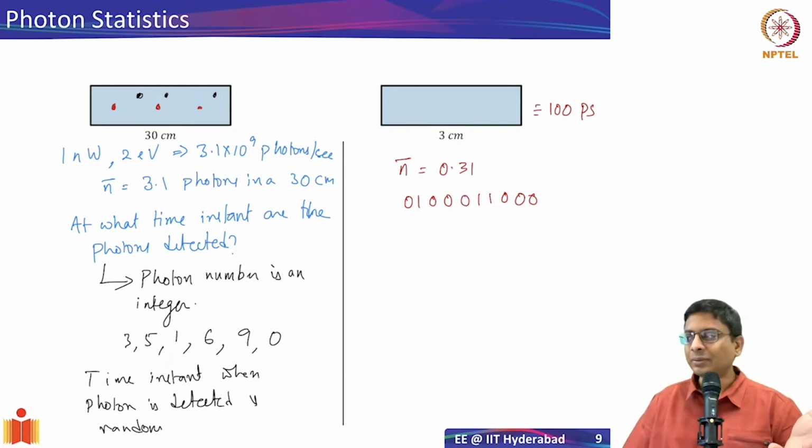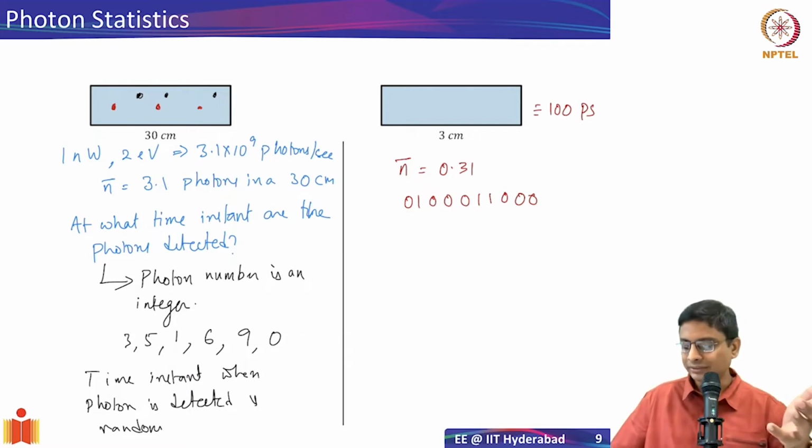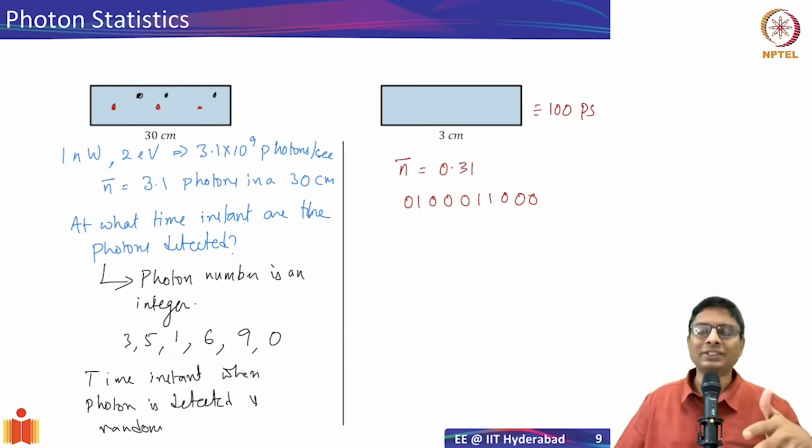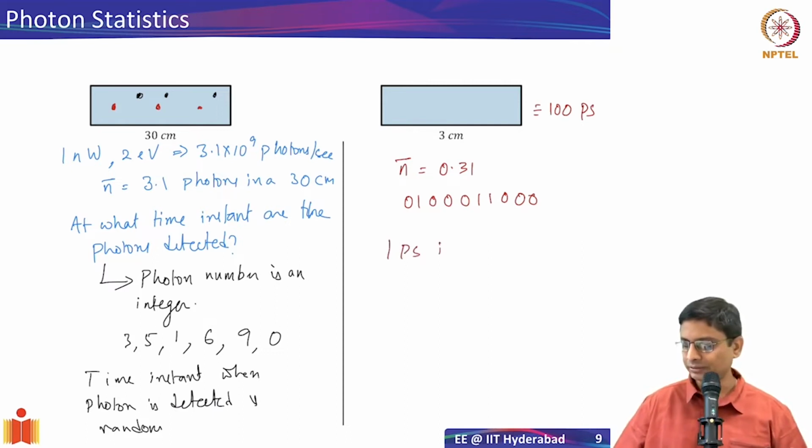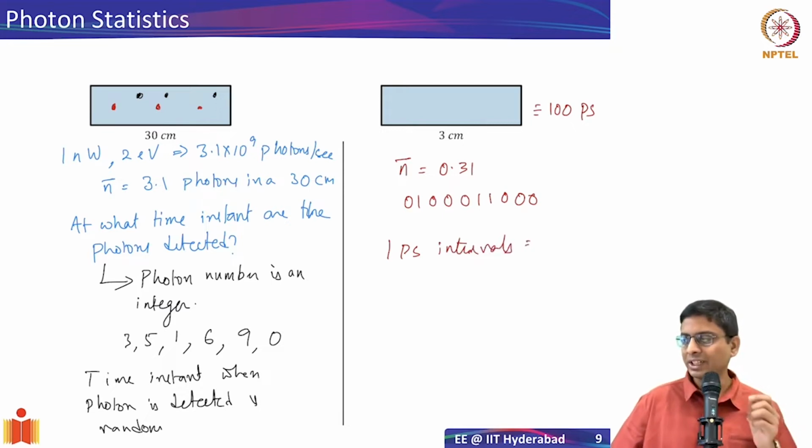So basically what we are saying is, if you go even further, let's say instead of 100 picoseconds, take 1 picosecond. You are able to somehow look at 1 picosecond intervals and you make measurements. Is a photon there or not there? If you take 1 picosecond intervals, your average number of photons is going to be even smaller, right?